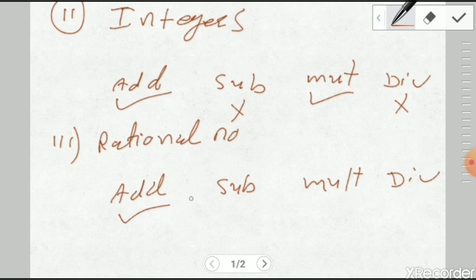It applies for addition and multiplication but not for subtraction and division. So for rational numbers also, addition and multiplication are commutative but not subtraction and division. Simply we can say that we cannot change the order of the question.